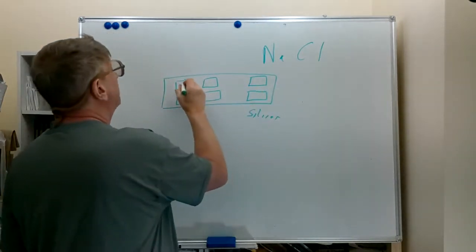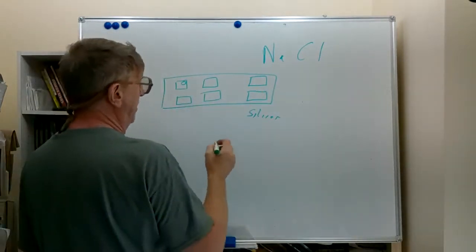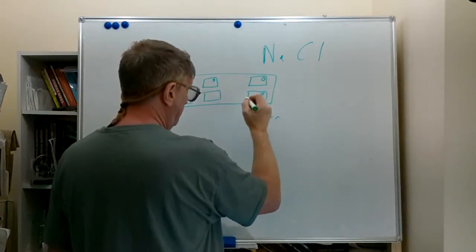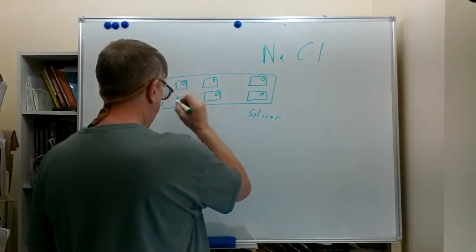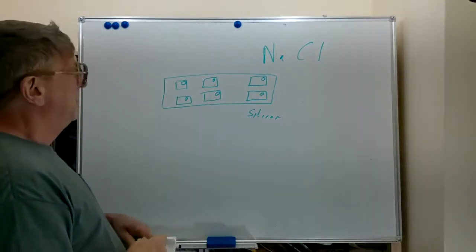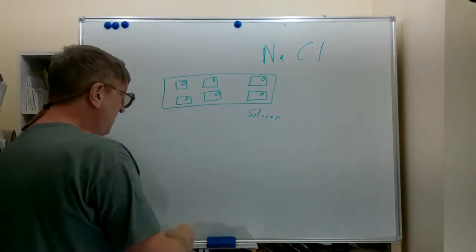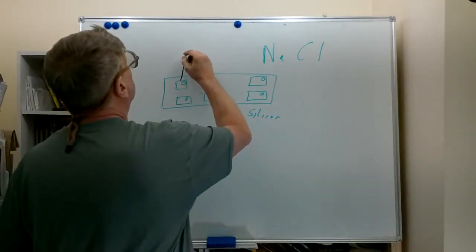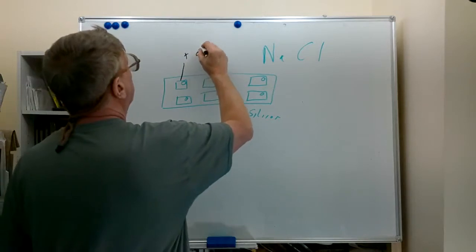In each of these little atoms we might have a missing electron, a missing electron, a missing electron, and so on. Now these missing electrons cause these atoms to be positively charged, plus charge.